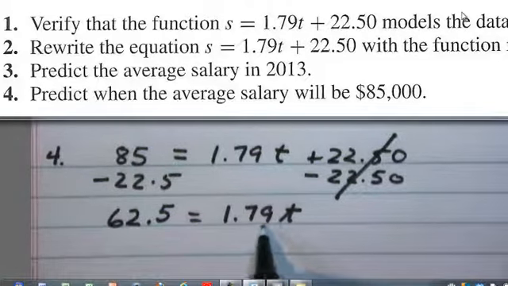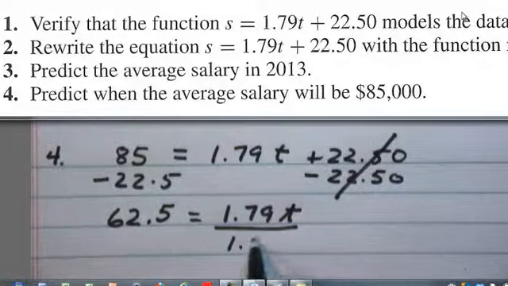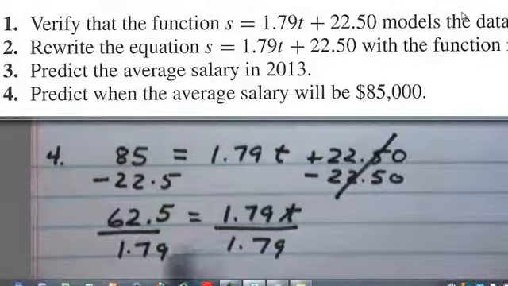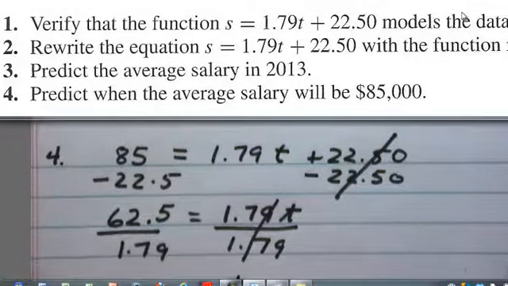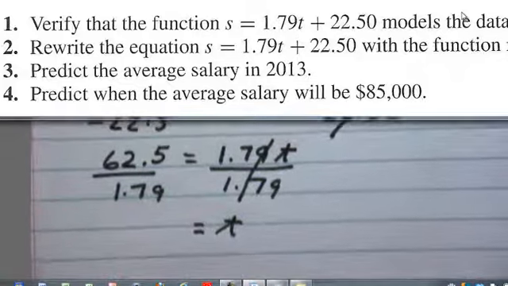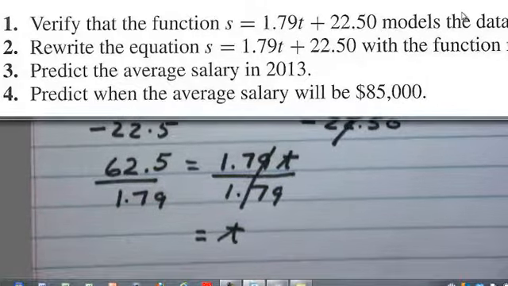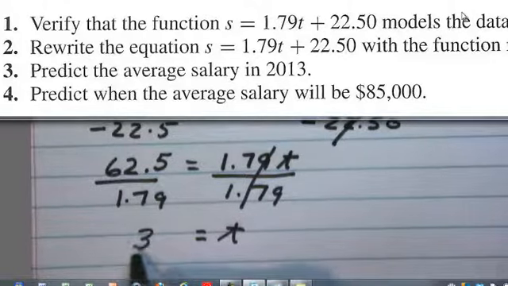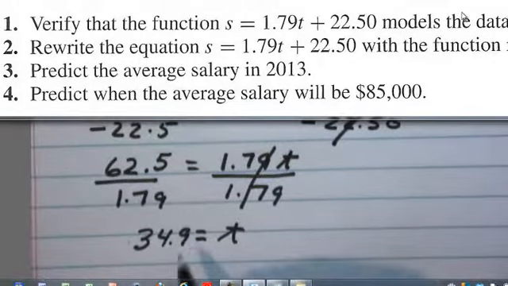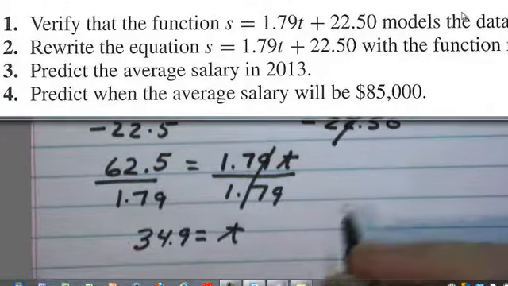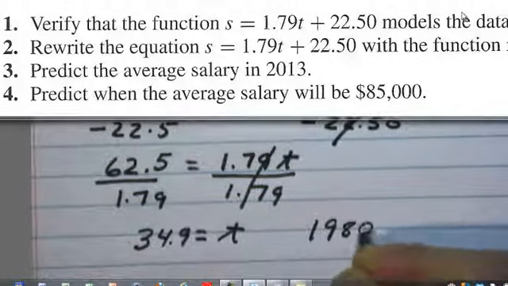And the inverse operation of times, because the meaning of 1.79t is times, the inverse of times is divide. And again, the reason we did that was it makes it go away. These cancel. So t equals, and I'll need my calculator on that, and I get 34.9, or about 35 years. Again, that's since 1980.